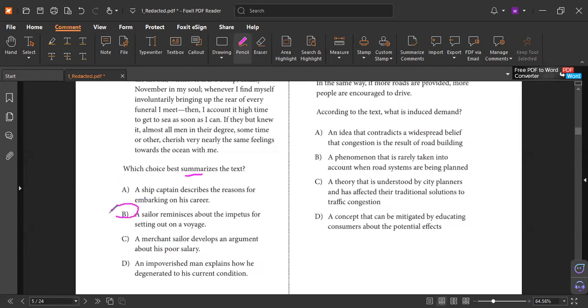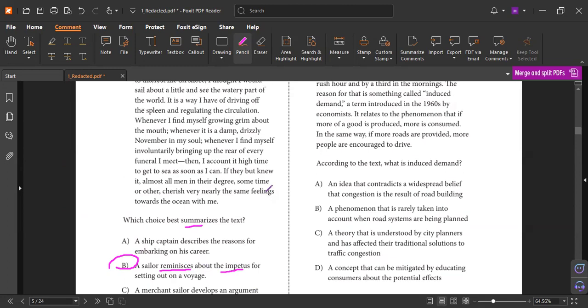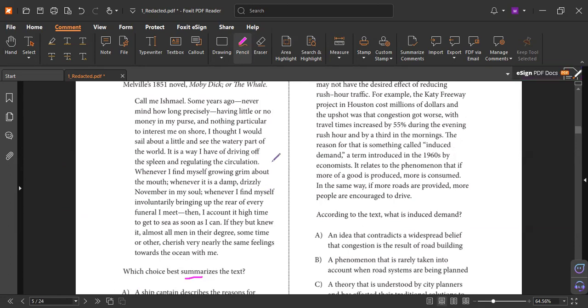And B is the best answer, right? But wait. Number one, we have a word from the test maker, motivation, which means the reason and the motivation for doing something. So does he mention the drives? Yes. Can you add any details to prove it?